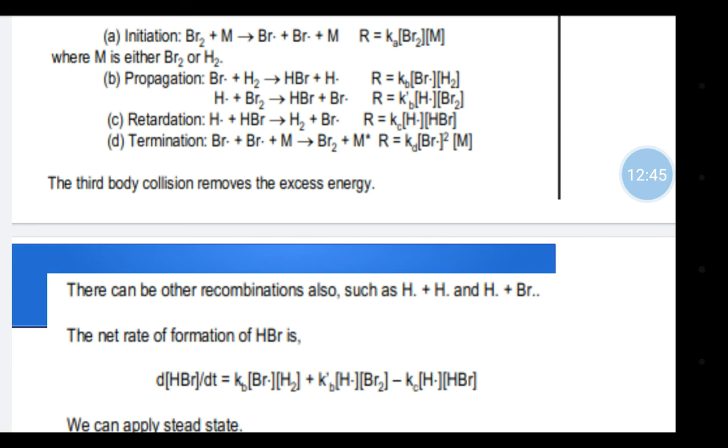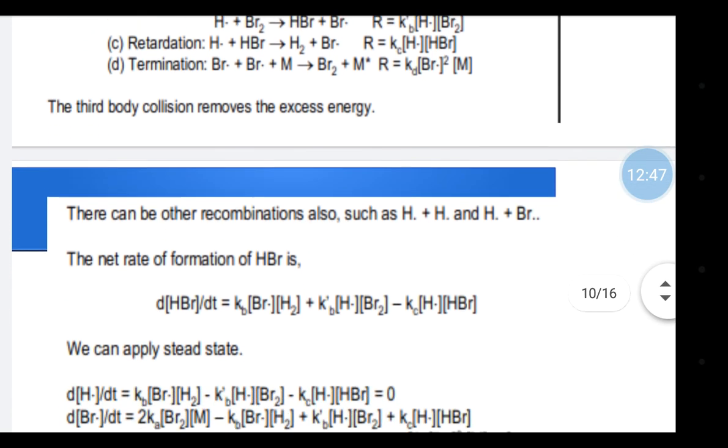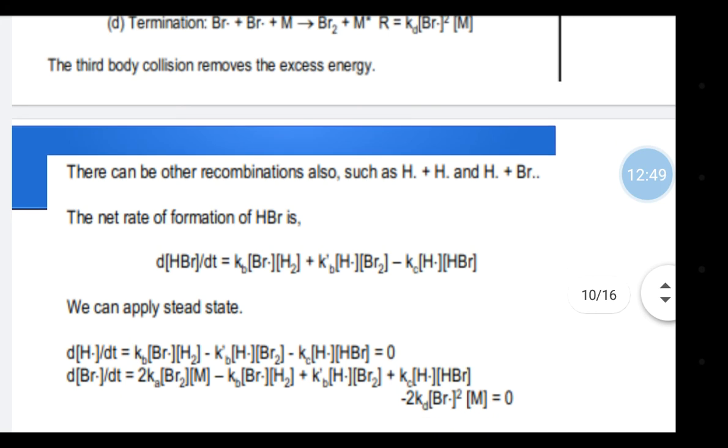Now, we can apply the steady state approximation so that you can substitute for the concentration of intermediates in this equation. You have to substitute for the concentration of bromine free radical and for the concentration of hydrogen free radical.